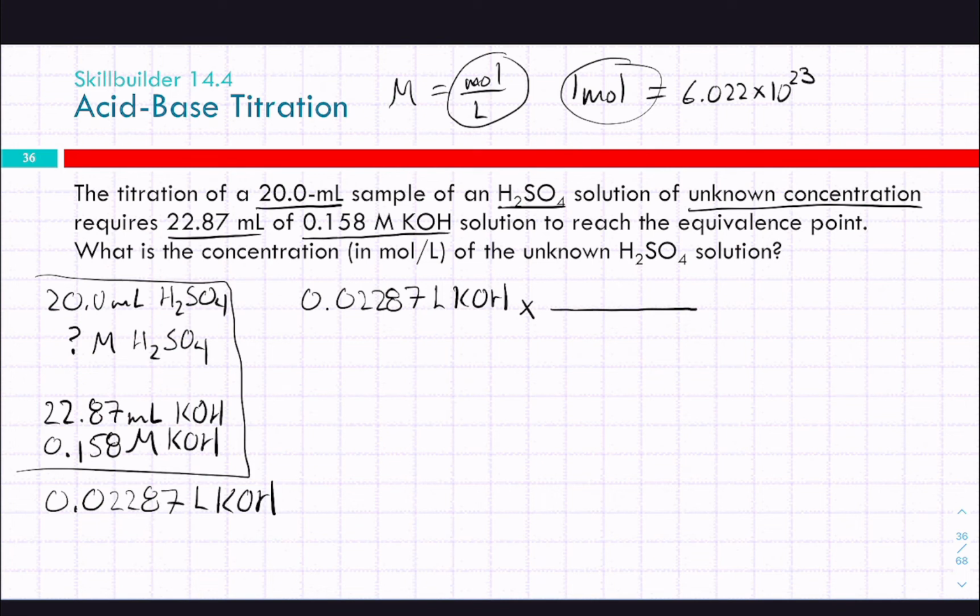So 0.158, molarity is moles over liters.